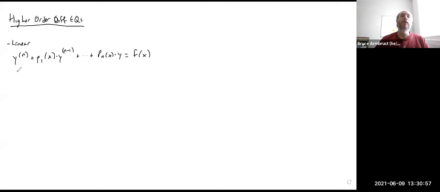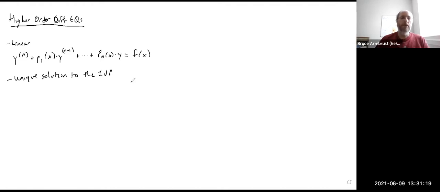Okay, so for the higher order, we actually still have both of those things. We still have Abel's theorem, and we know that we're going to get a unique solution to the initial value problem, because that's what we need to get a unique solution.